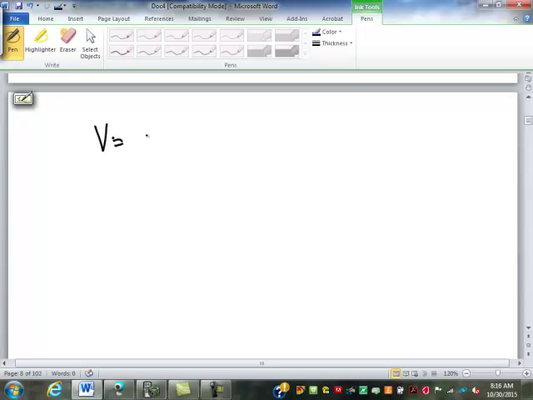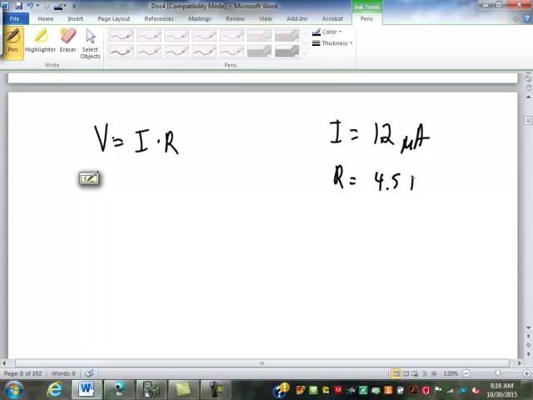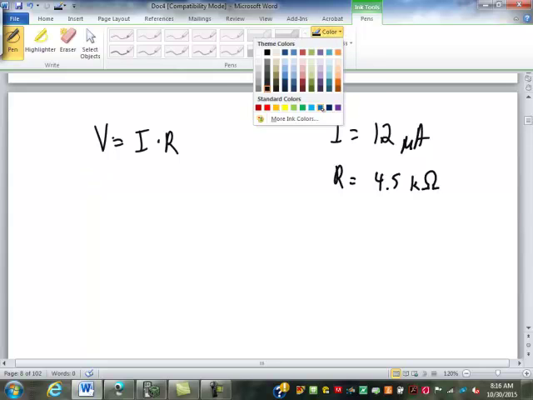Well, then back to that example from earlier. Voltage equals current times resistance. And I might use different numbers a little bit here. Let's say the current is, now let's go with 12 microamps, and the resistance is 4.5 kilo ohms.